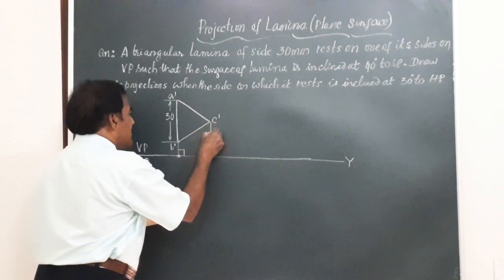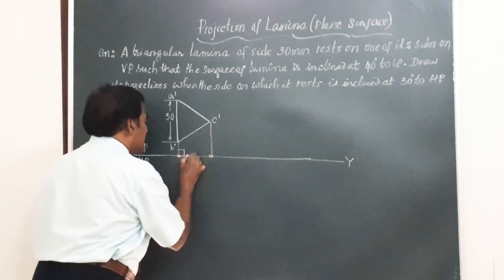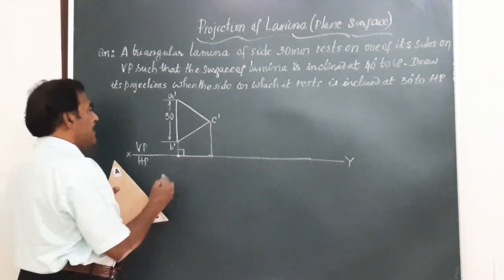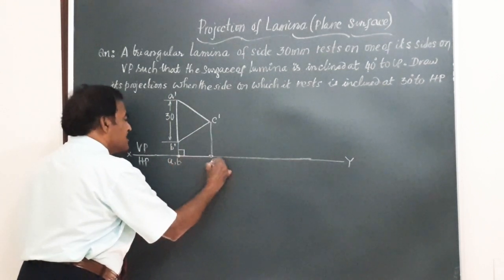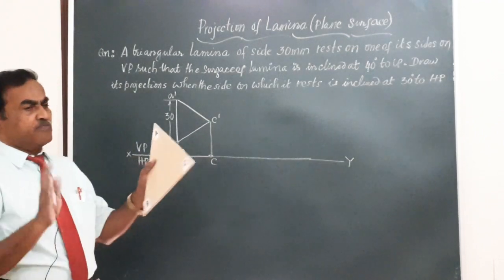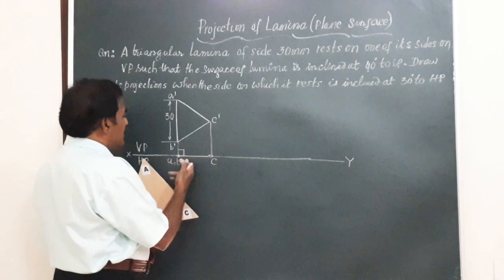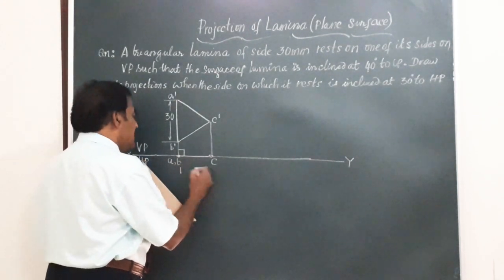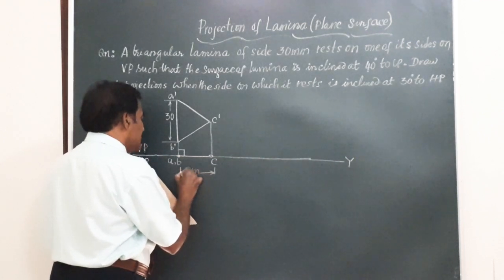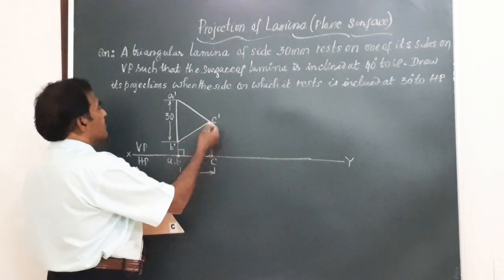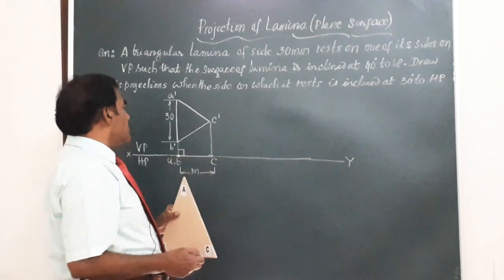So, I will just draw a vertical line from A and B. So, we are going to get this line on the XY line, and I can just mark it as A comma B, and this is C. Friends, now the lamina is pasted on the wall, and we are getting the top view as a line ABC having length, say, equal to M, which can be measured. M is the length of the top view.